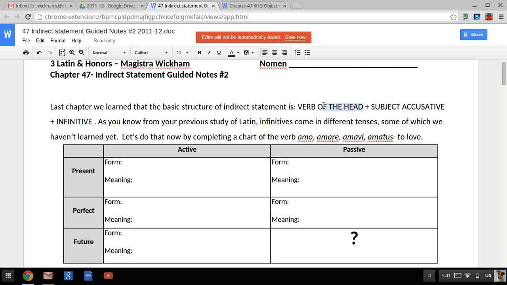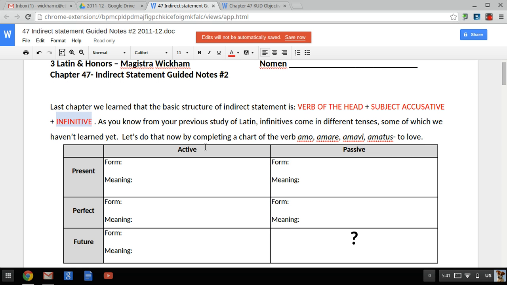Maybe I'll change the color on this so we can see it easily. That's what you needed to write in those blanks at the top of the page on the guided note-taking sheet. If you're not following along, now would be a good time to crack open that packet and turn to this page, indirect statement guided notes number 2. So yes, last chapter we learned the basic structure of indirect statement, VOH plus SA plus inf, right?